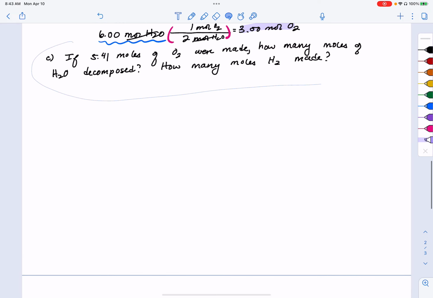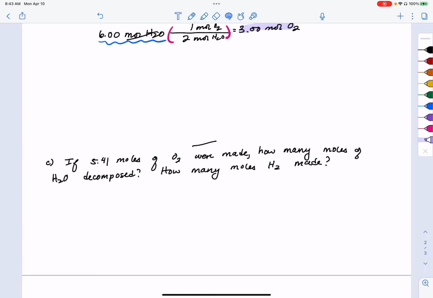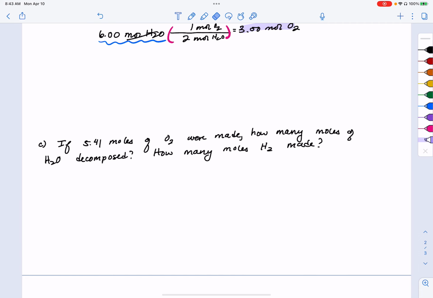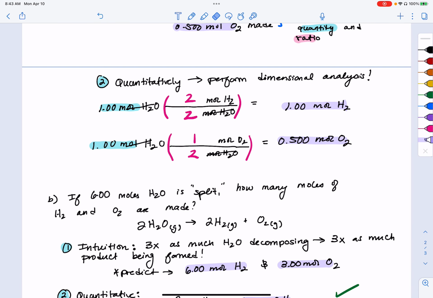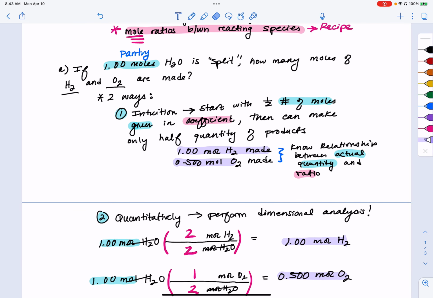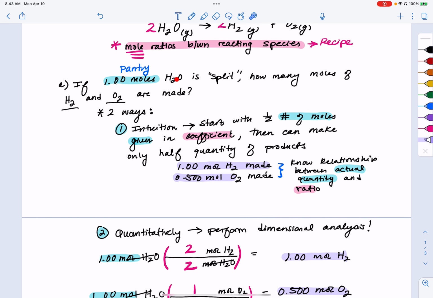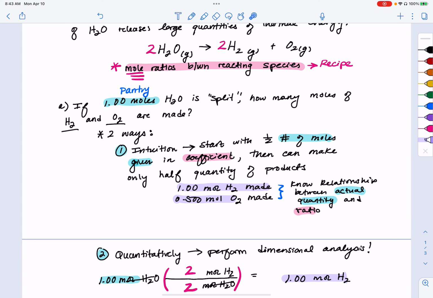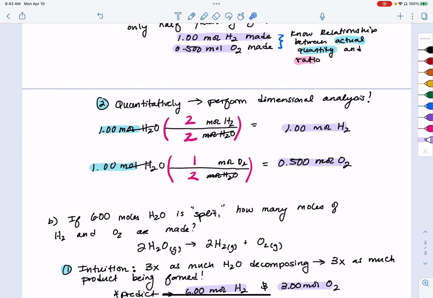I'm going to split this video up into two because if you'll notice in parts A and B of this problem, I gave us kind of some softball quantities, right? Like when I looked at 1 mole of water decomposing, I know the relationship between 1 and 2 and 1 and 1, right? This is like a nice, easy, half as much kind of ratio.